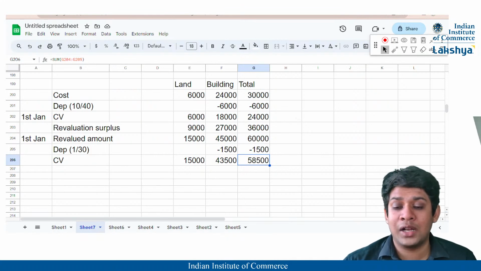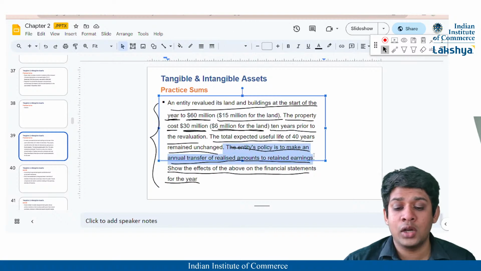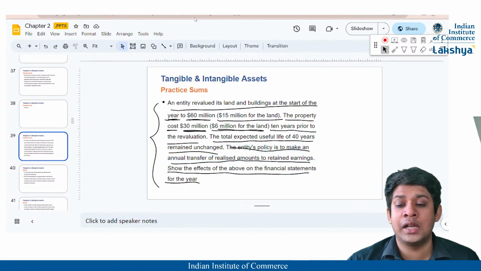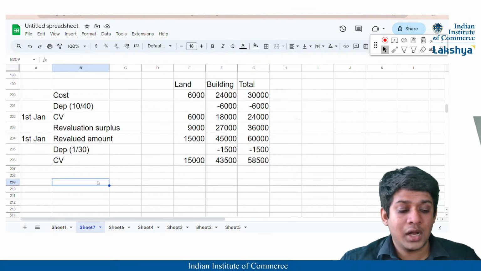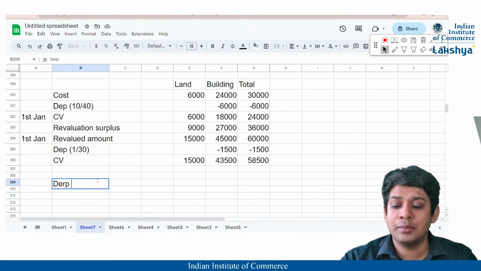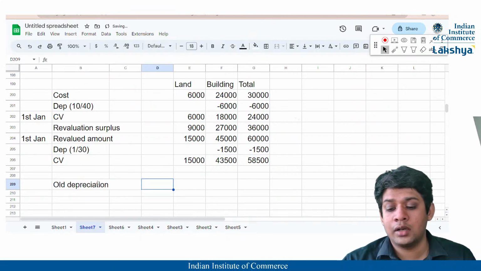Okay. Now there is just one concept here that you're supposed to understand. That is, it is the entity's policy to make an annual transfer to the retained earnings of the realized amounts. Right? Now what happens is, before my asset got revalued, there is a depreciation, the old depreciation, I'd rather say. Right?